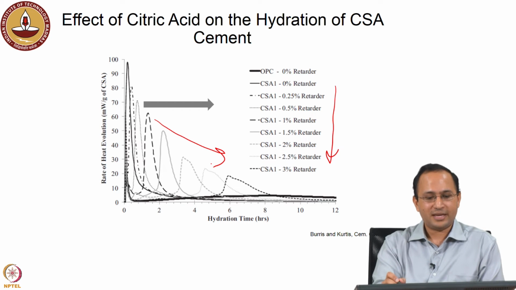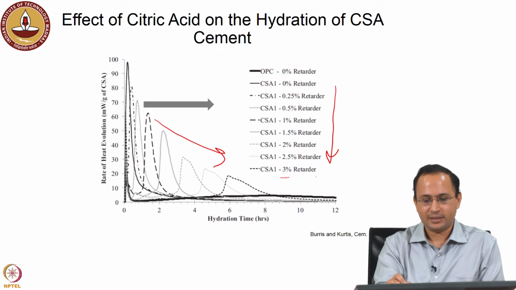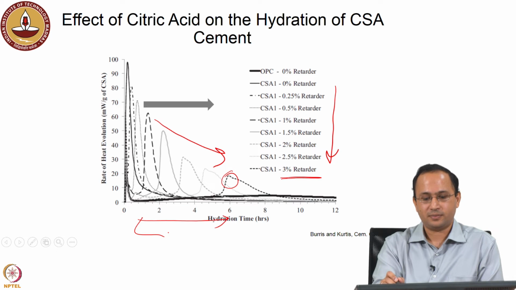Again, this isothermal calorimetry is a good tool to look into this early age hydration kinetics. Now, we know that in the system with 3% retarder, we have delayed the hydration by 4 to 6 hours. Okay. So, this is only one example, there are other examples also. So, there are ways you can retard the hydration of CSA cement.